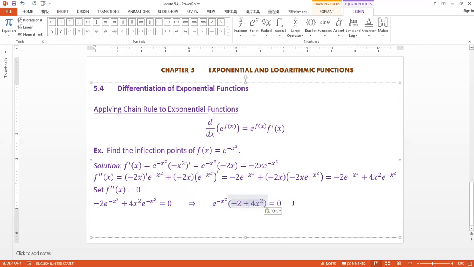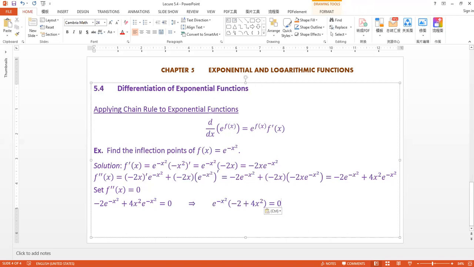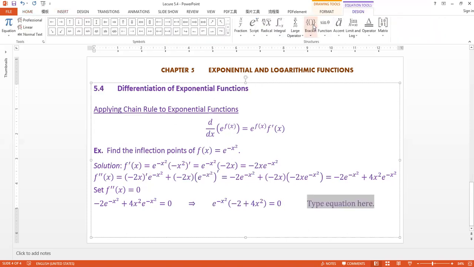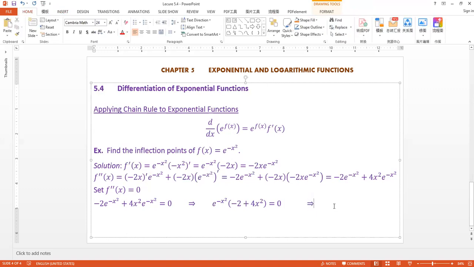Now we know the exponential function e to the negative x squared will never be 0. So the only thing that can be 0 is just the inside of the parenthesis. So we got negative 2 plus 4x squared equal to 0.